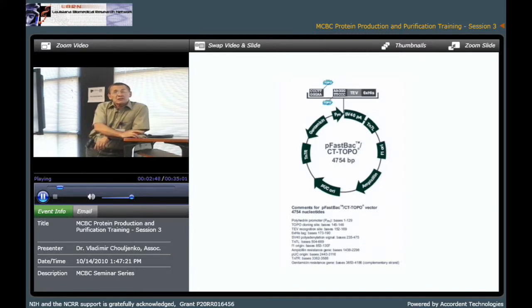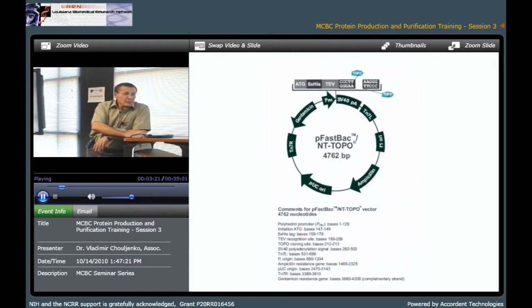The vector also contains a TEV protease site, designed so that if for some reason you don't like the presence of the His tag on the final product, you can always cut this tag off using TEV protease. And of course, if you have the carboxy-terminal location of the His tag, you're supposed to include an initiation codon on your gene of interest, and the stop codon is supposed to be removed in order to allow reading through this sequence.